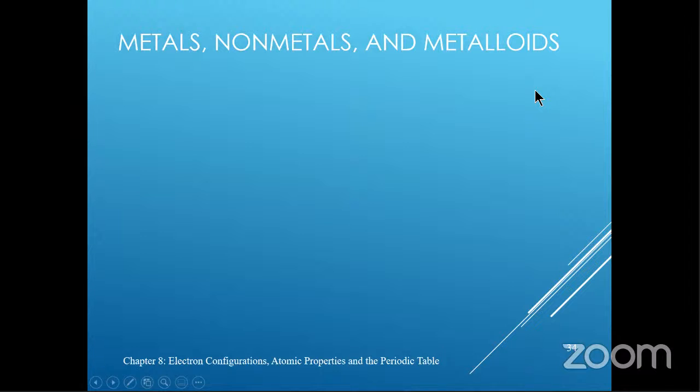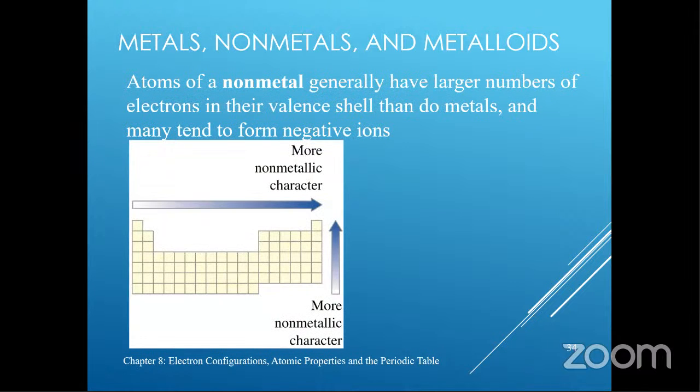Okay, then we get to nonmetals, and they tend to have a greater number of electrons, I should say 4 to 8 electrons in their outer shells in most cases. And when they do form ions, they do so by gaining electrons, and the ions would be negatively charged as a result.